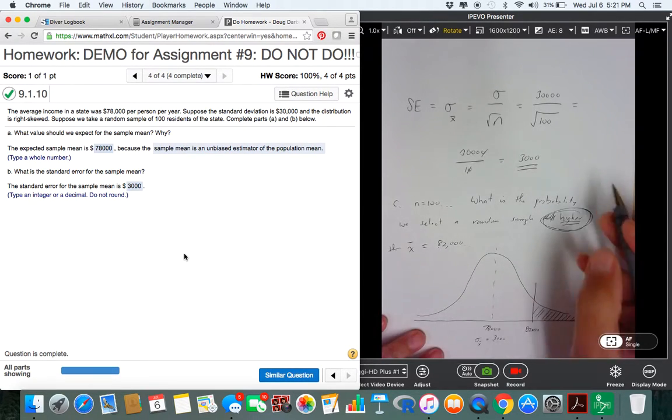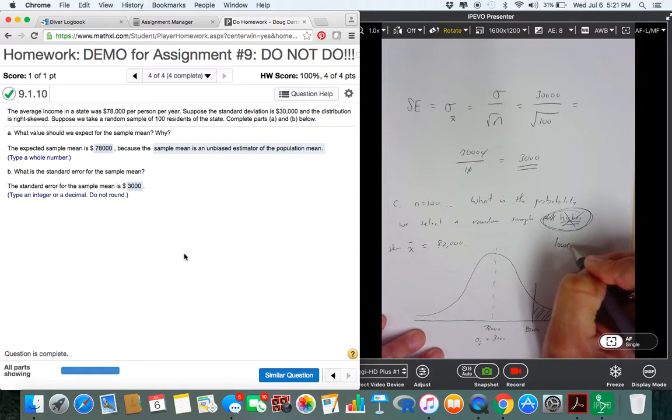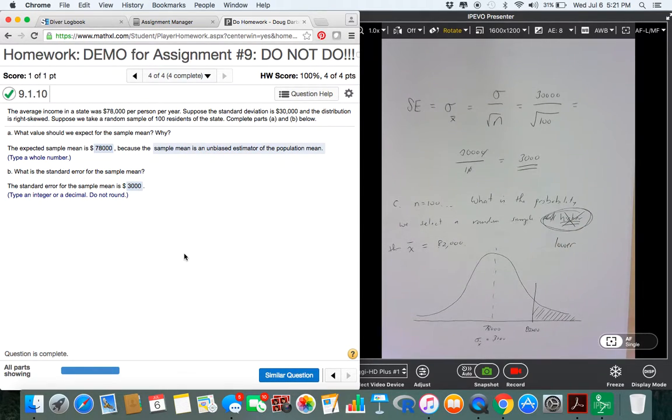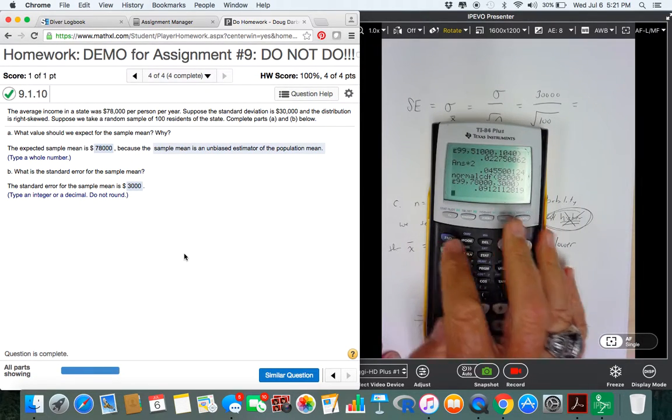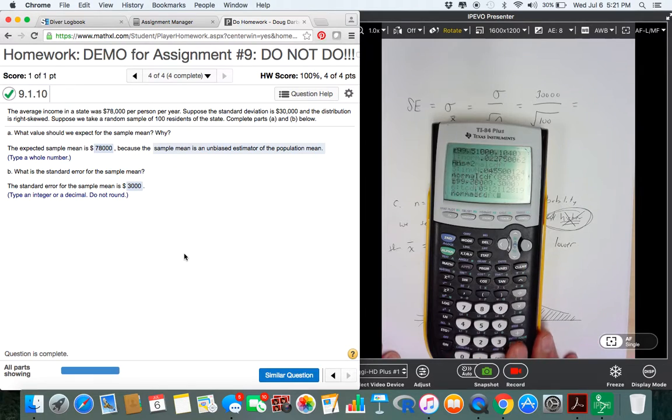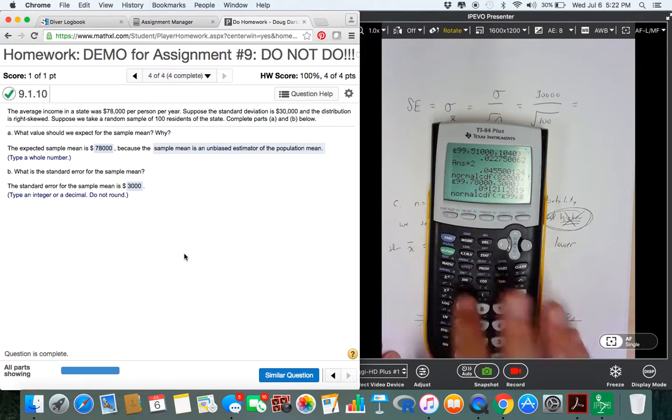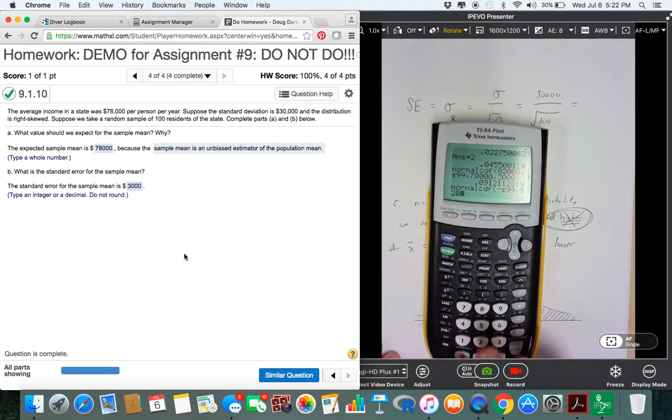Now, what if this said lower than 82,000? What would I need? Well, my shading would be different, wouldn't it? My shading would be this part. And how would I work that problem? Well, I would go normal CDF, and I would start at negative infinity up to the 82,000, with my mean of 78,000 and a standard error of 3,000.